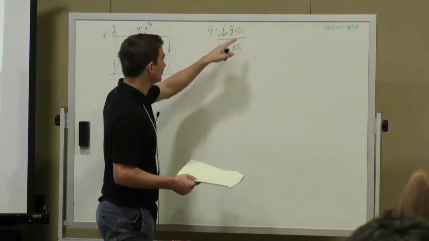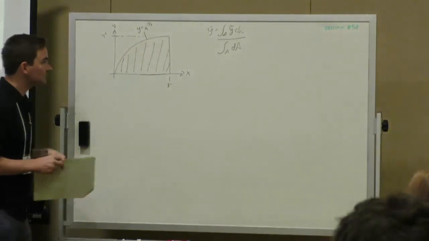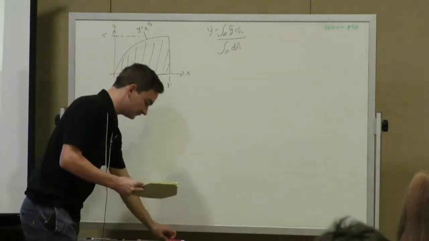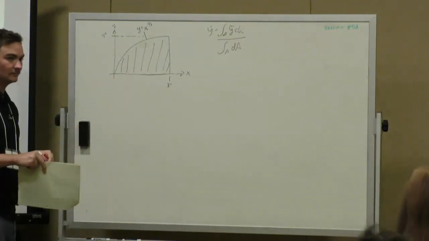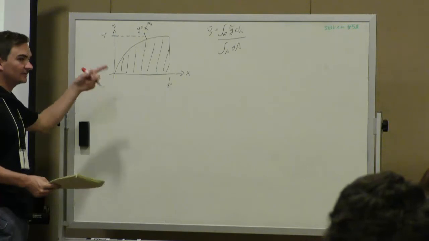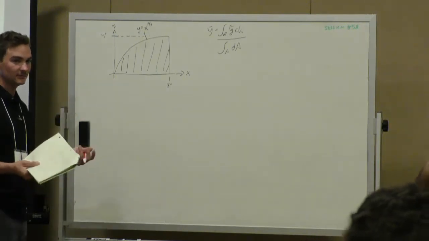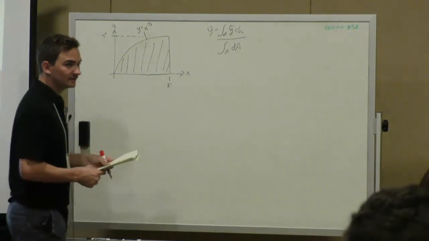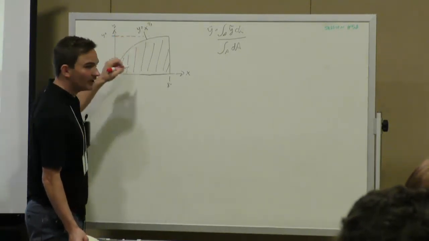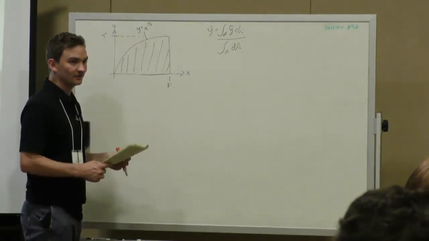So what differential element do we want? So what are we going to use for our dA? So what does everyone think? So does it matter? Could we use either or? We could. Yeah, but which one's going to be easier to work with, if we do a vertical bar or a horizontal bar?